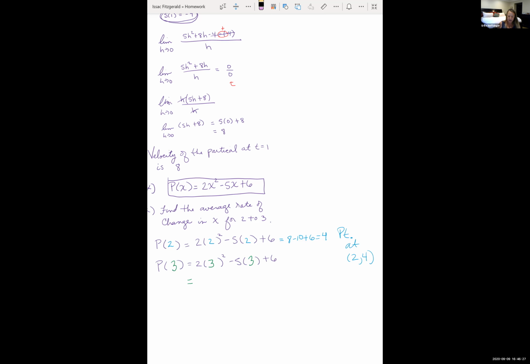So we get 2 times 3 squared. Well, 3 squared is 9 times the 2 in front is 18. Minus 5 times 3, so minus 15, plus 6. So 18 minus 15 is 3. 3 plus 6 gives me 9. So we have a point where x was 3, y is 9.